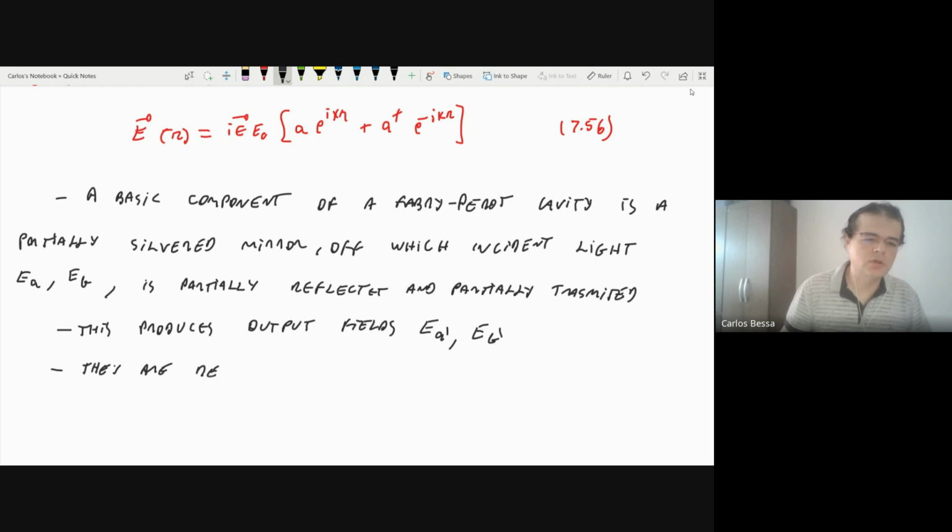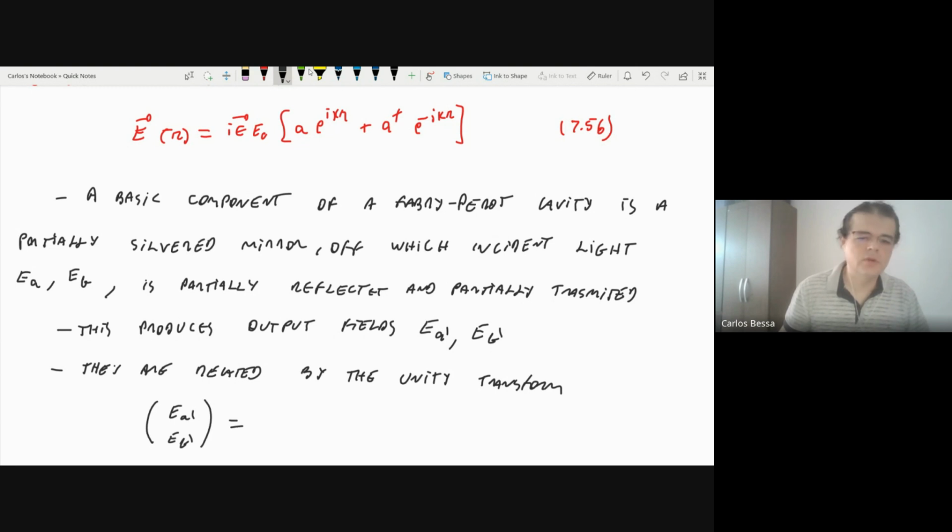They are related by a unitary transform. It's basically a linear relation.